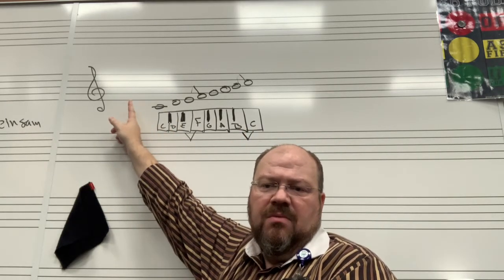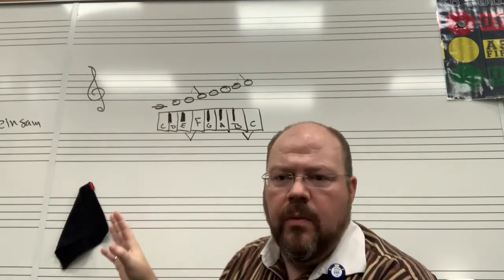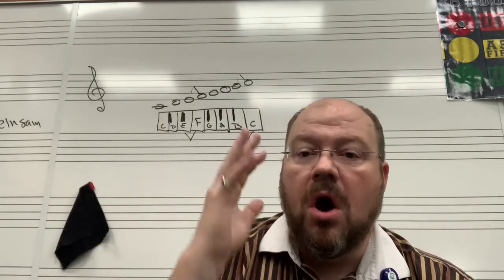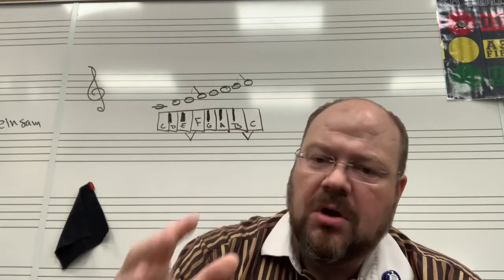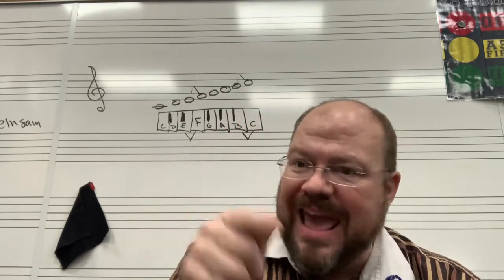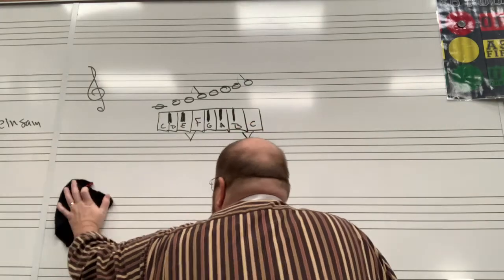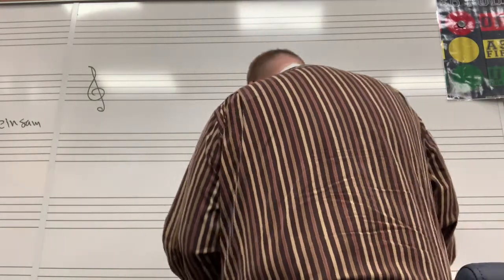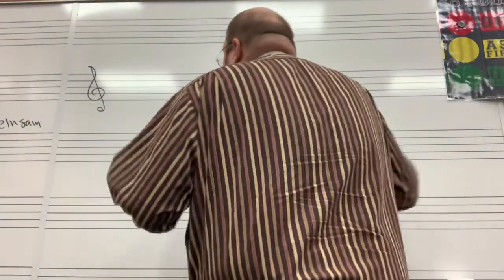Now I want to erase this, and I want to suppose that we start on the note F. And let's do this again, but it's going to cause that I erase this, and that's okay too. We're going to start on F. And here we go.